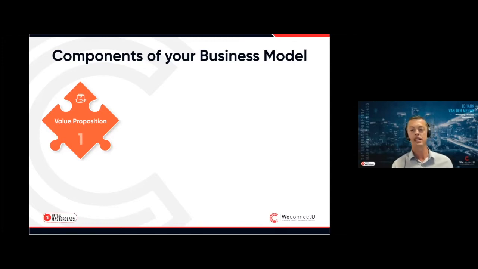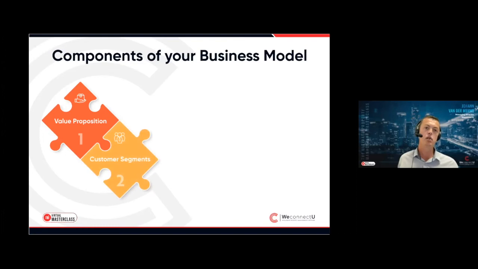Because unless there's enough value, and hopefully a unique value compared to my competitors, the customers potentially would not choose me. Or if they choose me, they would not be willing to pay the price I'm going to be charging to deliver that value. So the first step is, what are you going to offer to which market segment, and make sure that value is unique. And secondly, it's addressing the key needs of your client.